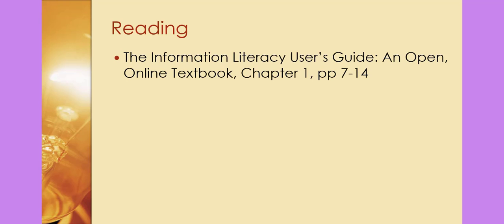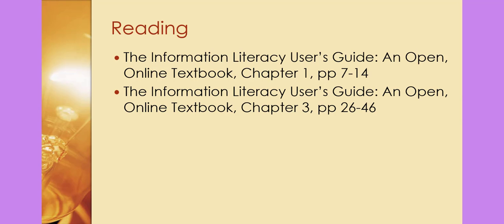So first of all, you're going to be using the Information Literacy User's Guide and Open Online textbook. You're going to be reading Chapter 1, pages 7 to 14. In that same book, you're going to be reading Chapter 3, pages 26 to 46. And the link to that is in Canvas. It's not anything you have to buy.